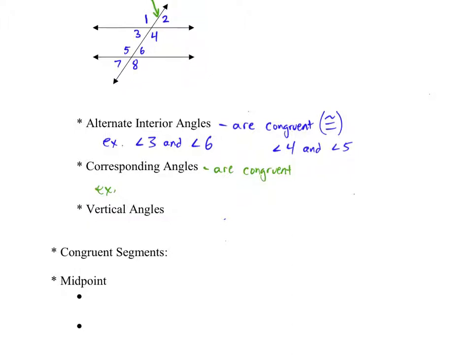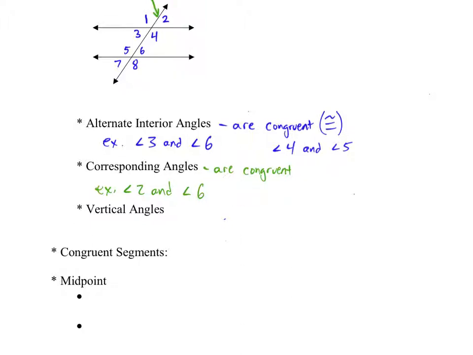If you look at just the top half, 2 is in the upper right of this junction. Do you agree angle 6 is also in the upper right of these four corners? So angles 2 and 6 are corresponding angles.